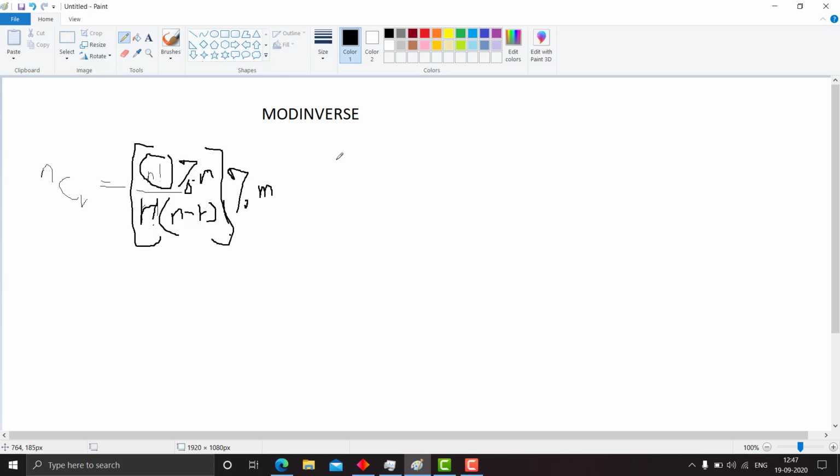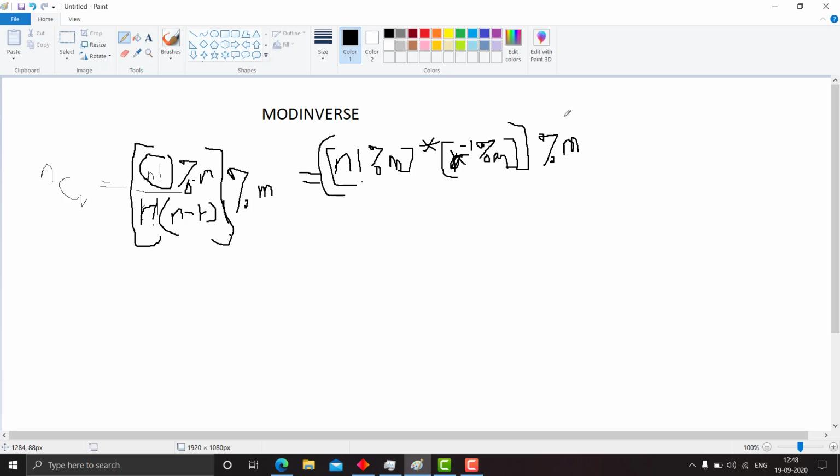So this answer becomes n factorial, also known as multiplicative inverse, mod m. Instead of dividing, we multiply with r inverse mod m, take the whole mod, and then multiply it with n minus r inverse mod m and then take the whole mod.